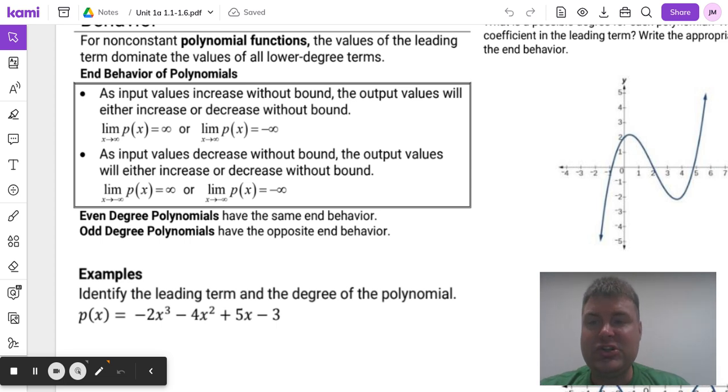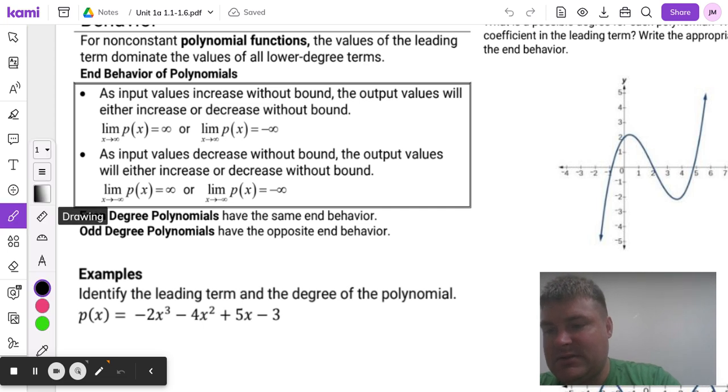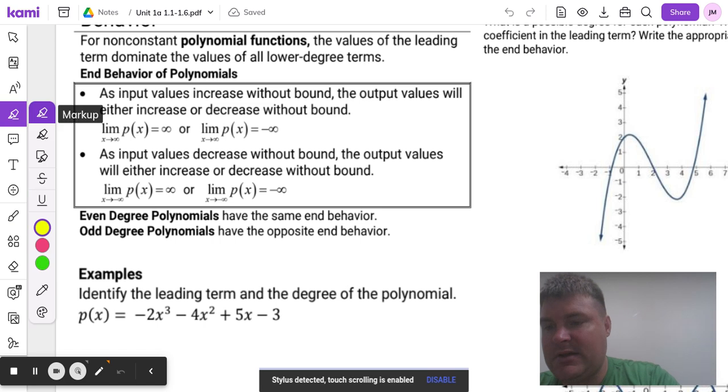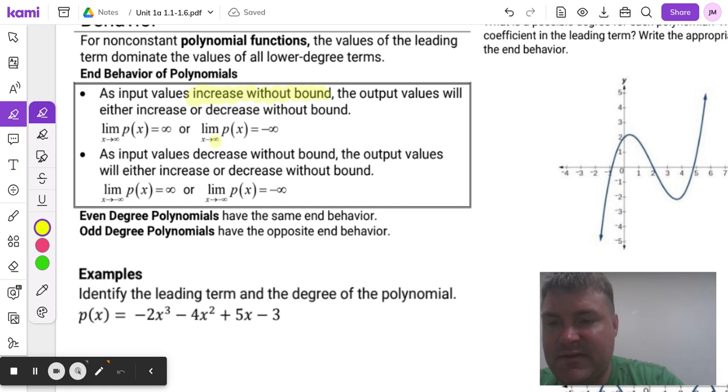We're going to talk about end behavior with polynomials, and we just have to be aware of the verbiage. The first bullet point: the input value increases without bound, and the output values will either increase or decrease. If something says the input values increase without bound, that means we're doing a limit that approaches infinity. If we increase without bound, we're going to have those positive infinities.